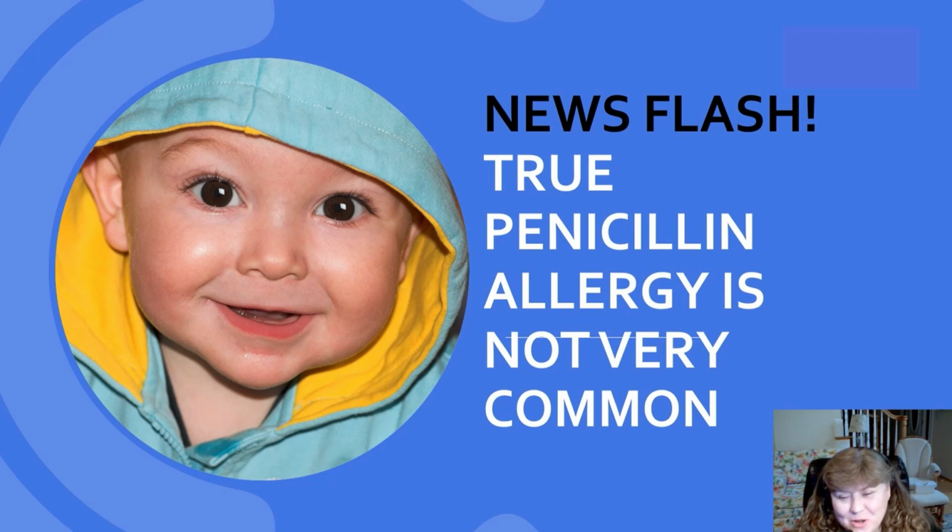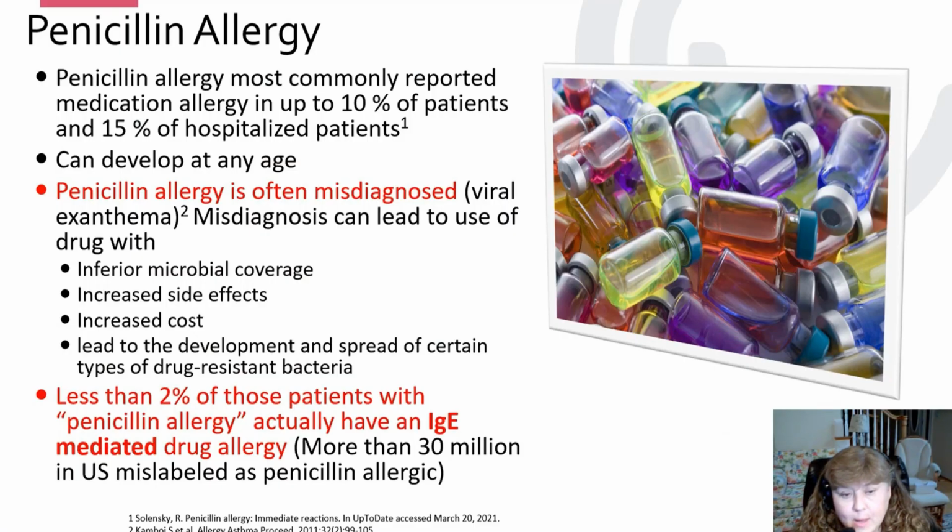Newsflash, true penicillin allergy is really not very common. Penicillin allergy is the most commonly reported medication allergy in up to 10% of patients and up to 15% of hospitalized patients. It can develop at any age, and it is often misdiagnosed.